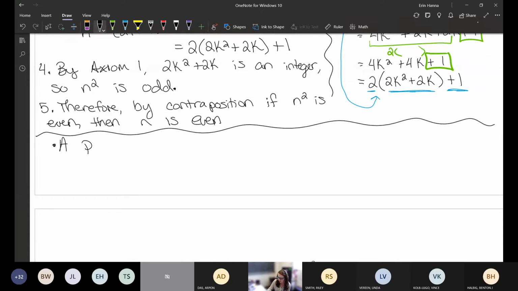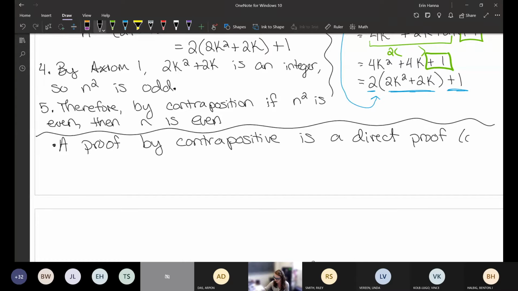So a proof by contrapositive is a direct proof of the contrapositive.